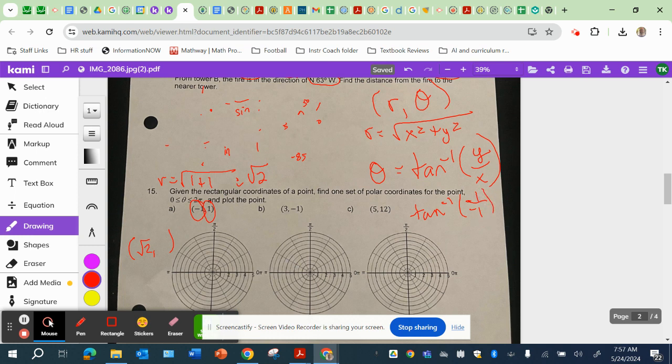So where is the tangent equal to negative 1? Well, all of the tangents are equal to negative 1 at the 45s. They're either 1 or negative 1.